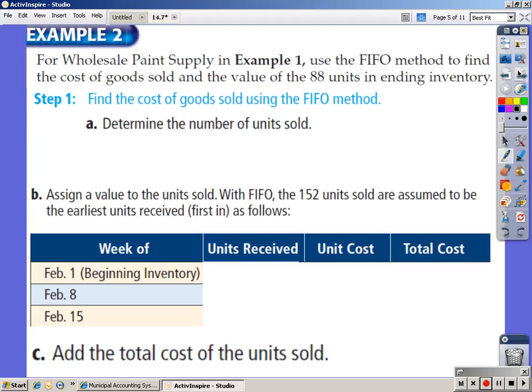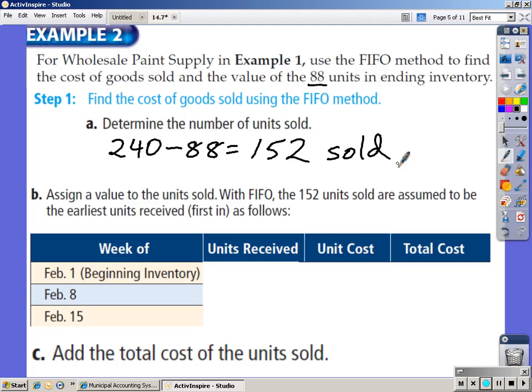So if we received 240 units and we had 88 units in ending inventory, 240 minus 88 tells me that we had 152 units sold. That's how many units we sold.